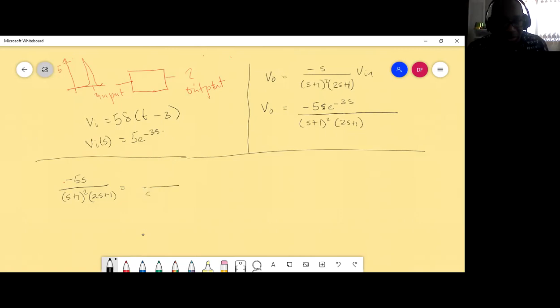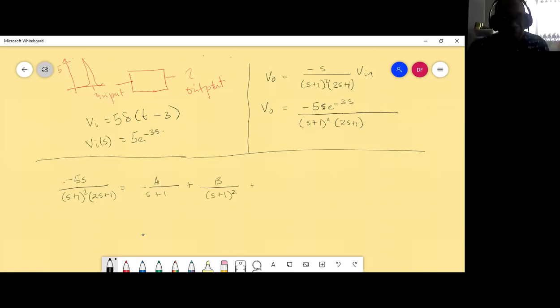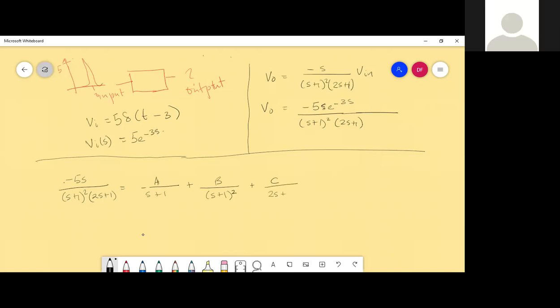It will be A over S plus 1, plus B over S plus 1 squared, plus C. And remember, when we have a repeated root, we have to write it as S plus 1, and the next one is S plus 1 squared, and then the third one is C over 2S plus 1.